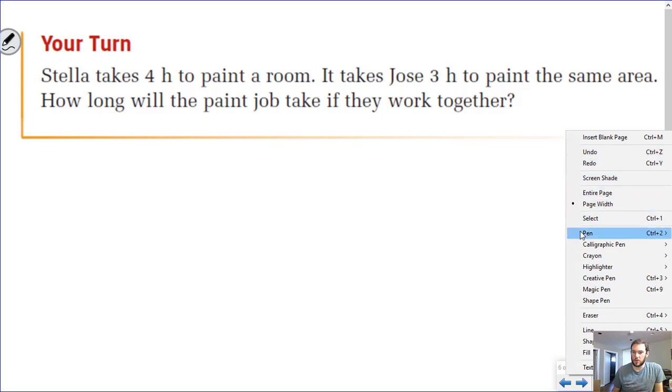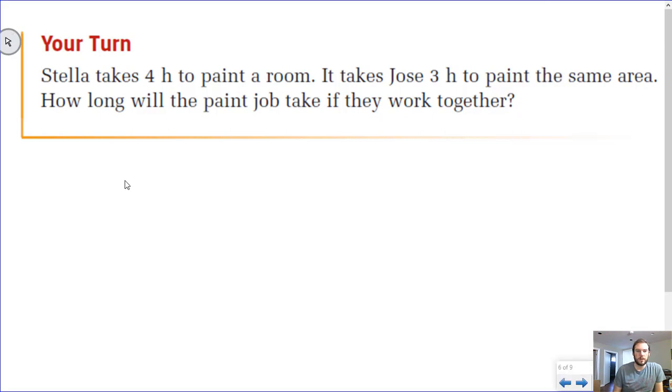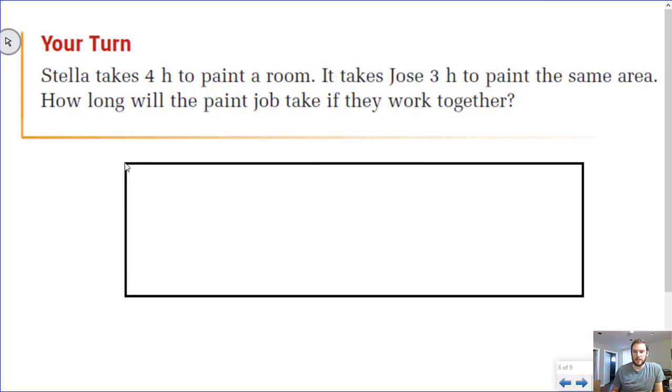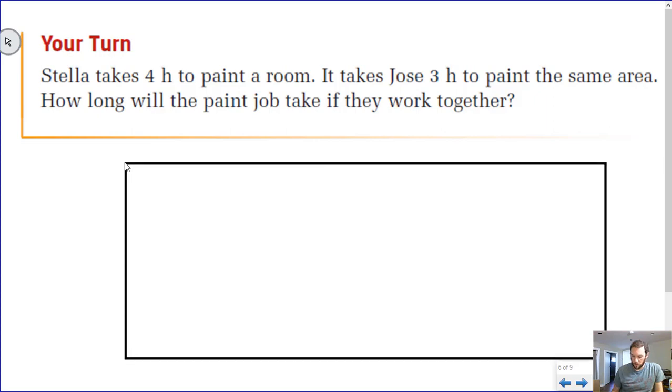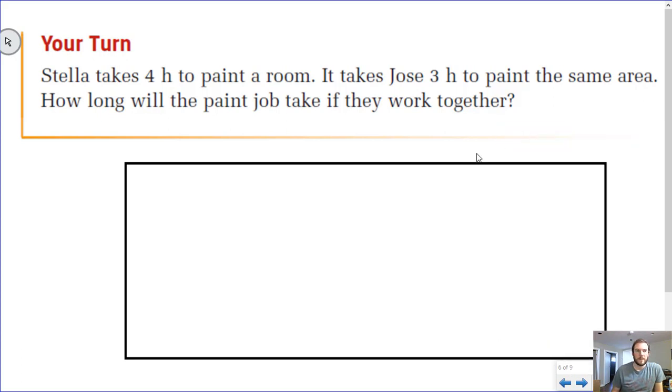Okay, so let's take a look at this question here. Again, what we're going to want to do first is make a table to organize our information. In my table, I'm going to have 3 sections. Stella takes 4 hours to paint her room.